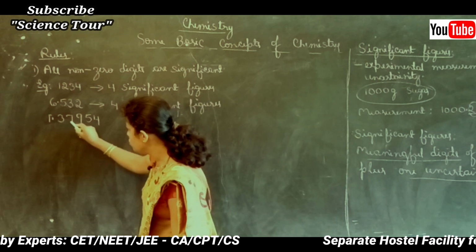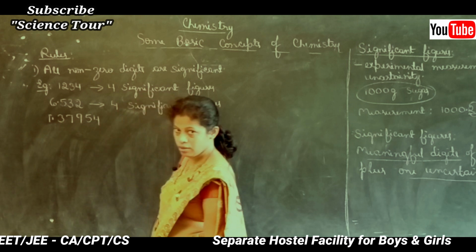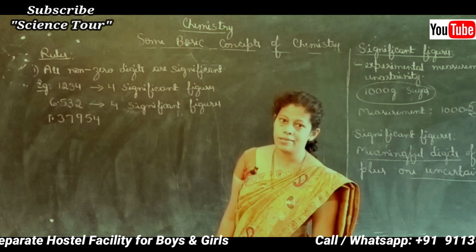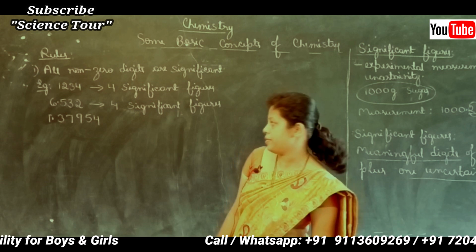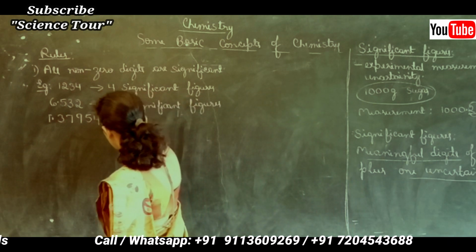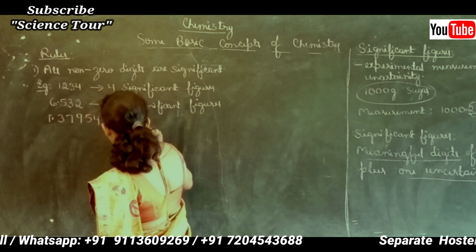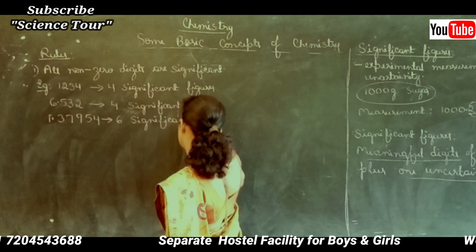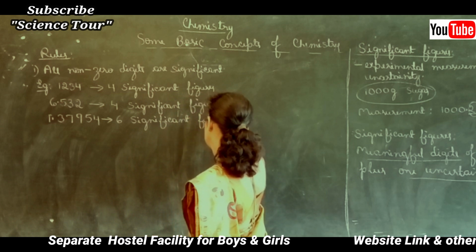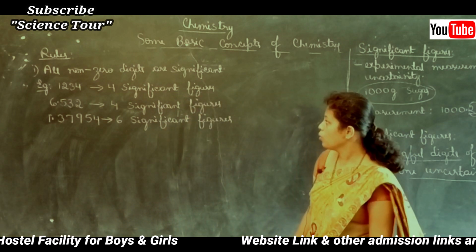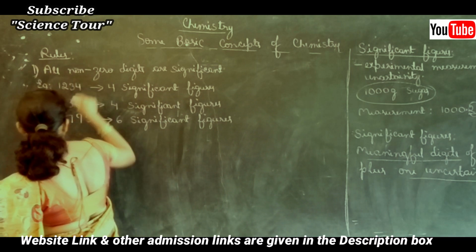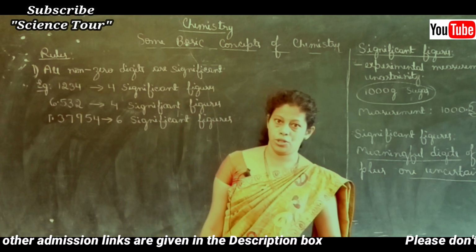Count: 1, 2, 3, 4, 5, 6. 6 digits are there. All the 6 digits are non-zero digits. Hence, there are 6 significant figures. So, rule number 1 is all non-zero digits are significant.